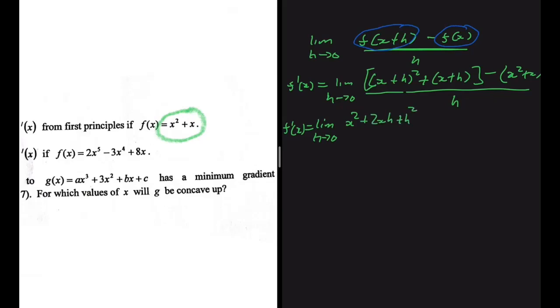And then plus x plus h, and then minus x squared, and then minus x, and then everything being divided by h. It should be easy to see now that x squared minus x squared is gone, and then we have x minus x, so that also disappears.